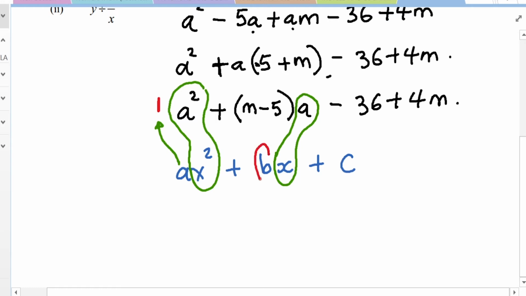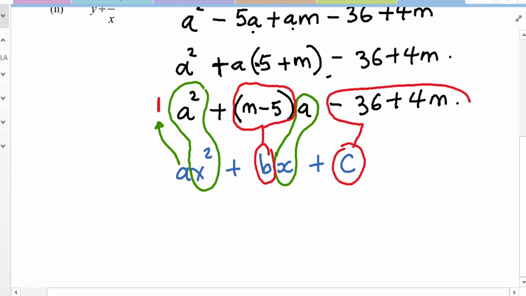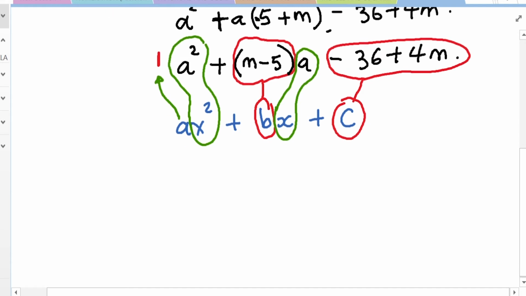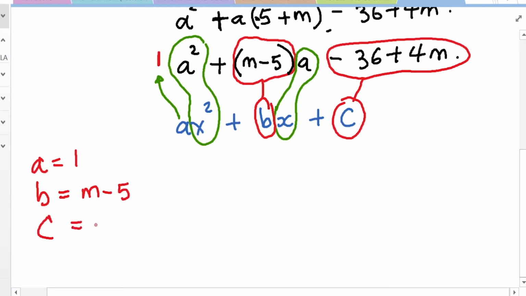My value of b here is this expression right there, and my value of c is this whole expression. So if I may summarize that, I hope I have not lost anyone. My value of a here is 1, my value of b here is m minus 5, and my value of c is negative 36 plus 4m, which is the same as saying 4m minus 36.